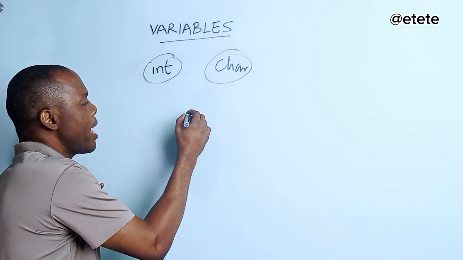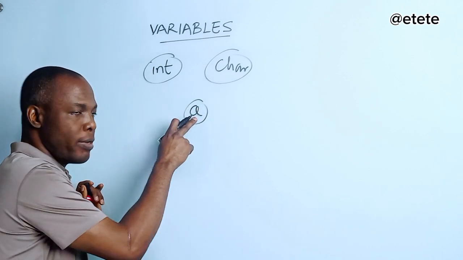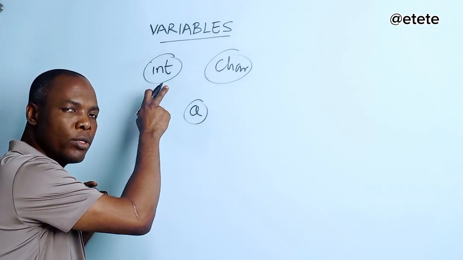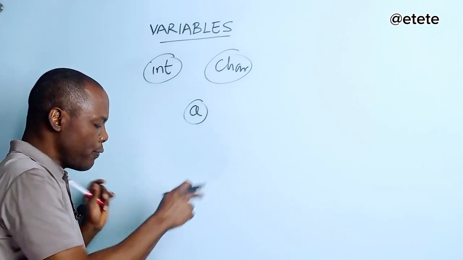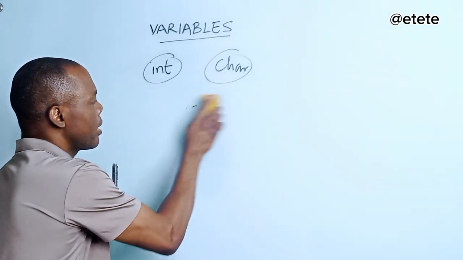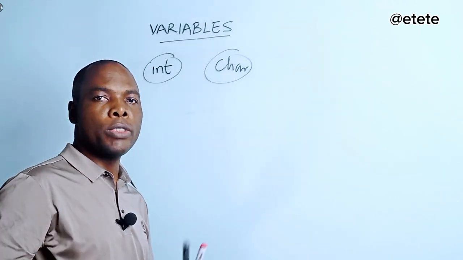But you can't use any of them for a variable name. So let's say I create a variable A. This is a variable, right? And I want this A to go to the integer RAM to get a value. So the first thing I will do is create A. Now to create A in C, we call it to declare.